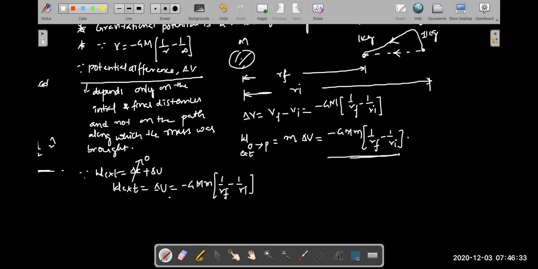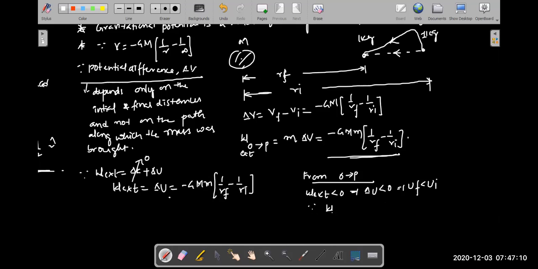Now since the work done by external agent in this case, while bringing it to point P, is negative, what must happen to the potential energy? Potential energy must decrease. Clear? So from O to P, work done by external agent is negative. This implies change in potential energy is negative. That is, final potential energy is less than initial potential energy. Why?